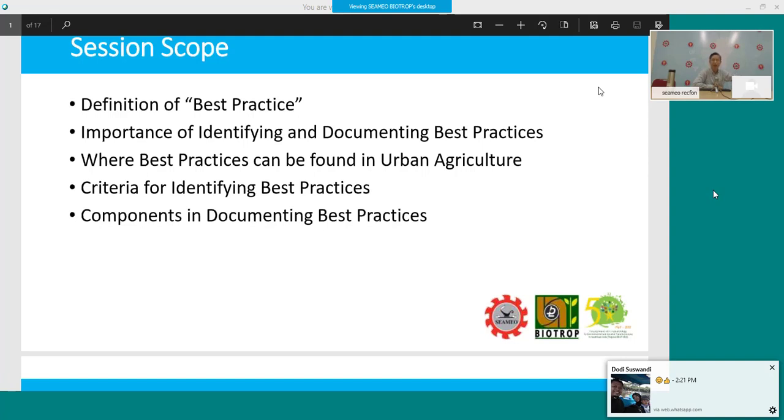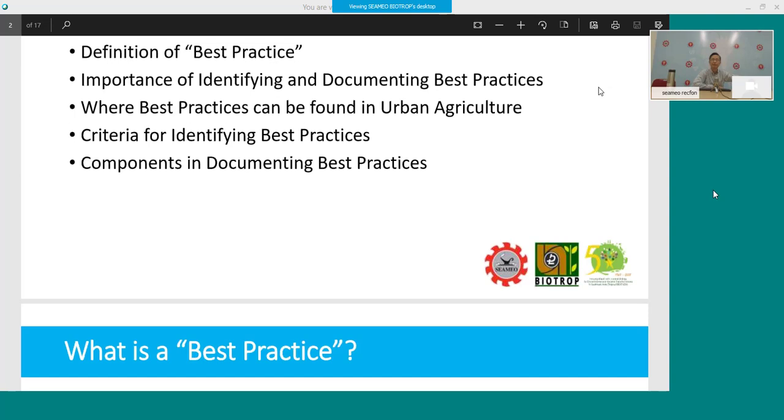I will also tell you about where we can find best practices in doing urban agriculture activities, what are the criteria for telling that our practice is already a best practice, and what are the components in the way that we will document our best practices.